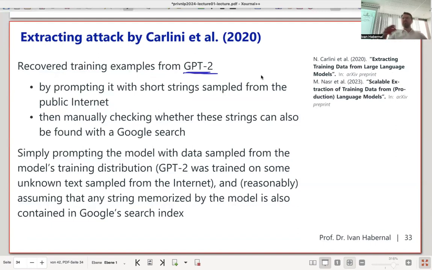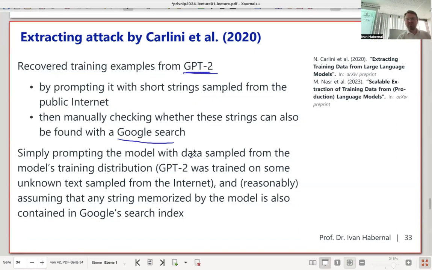So you take the internet scroll and just 5 words and prompt GPT-2, and then whatever comes out, you manually check whether these strings are in Google search. And if you can find the output of GPT-2 somewhere on Google, then you find the source of this. You say, yeah, this was in the training data because I can find it on the internet.